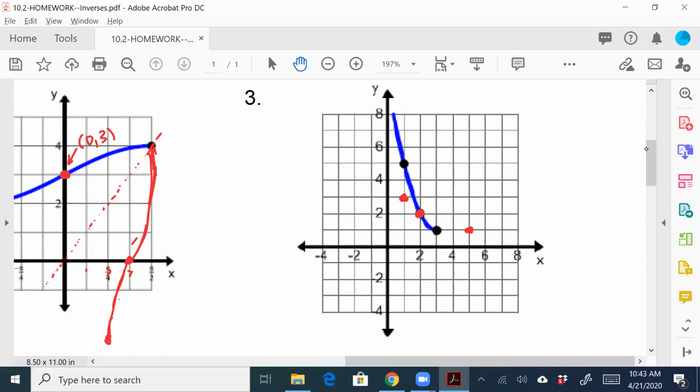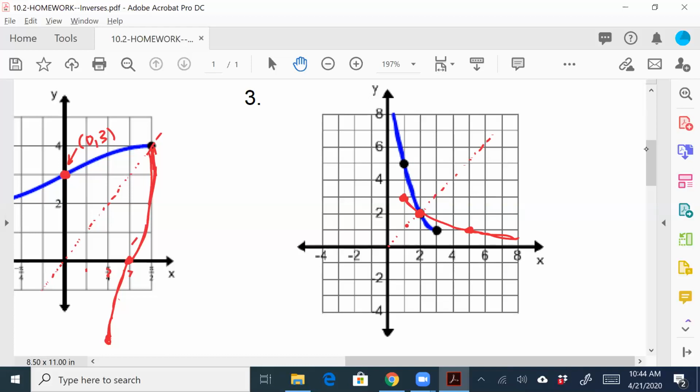So with this problem where we started at 3, 1, we're going to start at 1, 3. I'm going to go through 2, 2, and then we're going to go over to 5, 1, and we continue over that way. And if you look at that in terms of the line y equals x, you can see how they're reflected over that line.